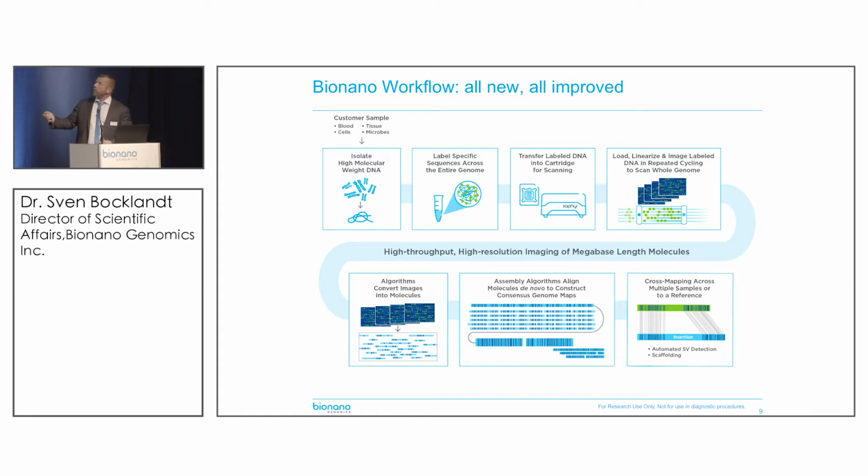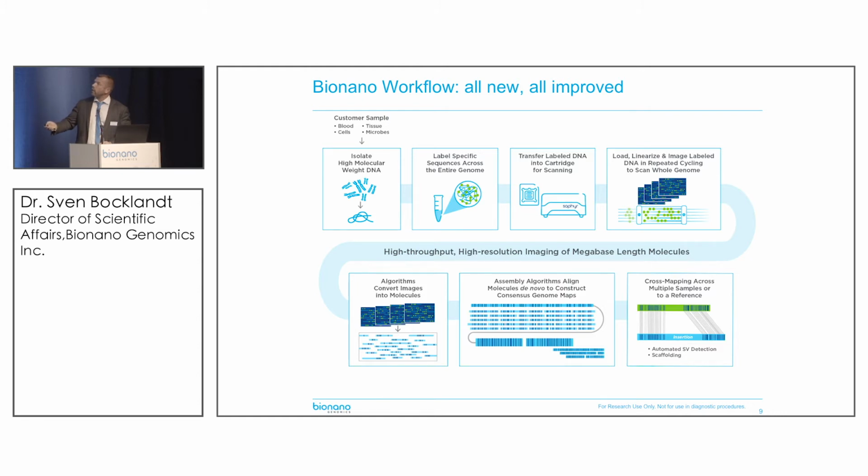We load that labeled DNA, and now it looks like this, coiled up, very long molecules with a fluorescent label. And we load that into our chips. And our core technology really are these nanochannels that I showed you earlier that fit these DNA molecules and force it to linearize. And because of that uniform linear stretch, we get all the information that we need just by taking a picture.